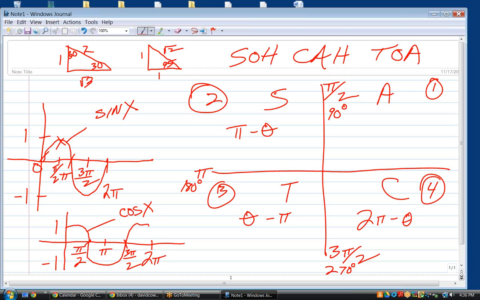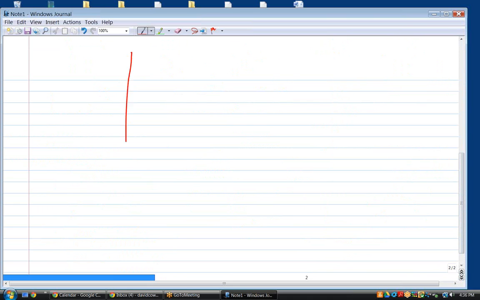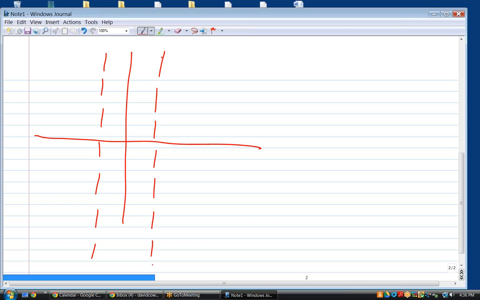The only thing we can't yet do is tangent. Well, it's worth memorizing the tangent curve also. Now the tangent's a little different in that, first of all, its period is pi. It goes from minus pi over 2, minus 90 degrees, to plus pi over 2. And it goes from negative infinity through 0 up to positive infinity with these vertical asymptotes.